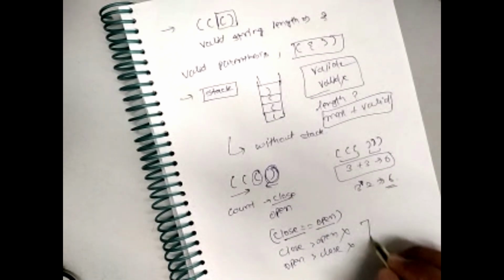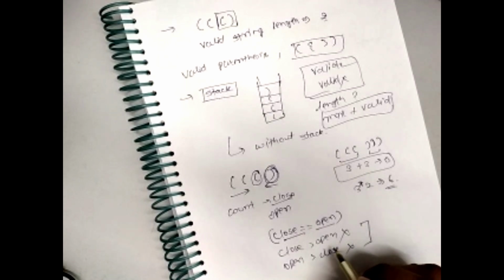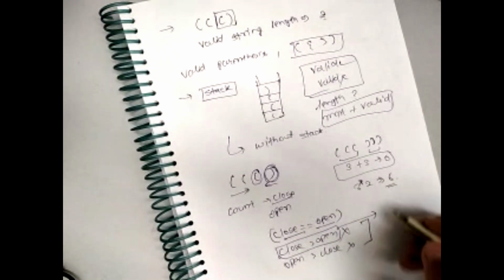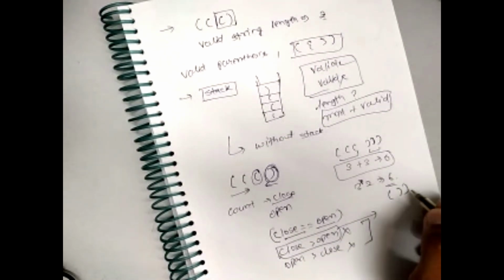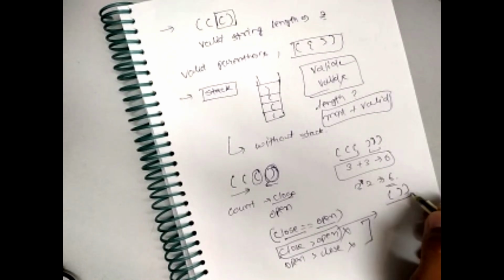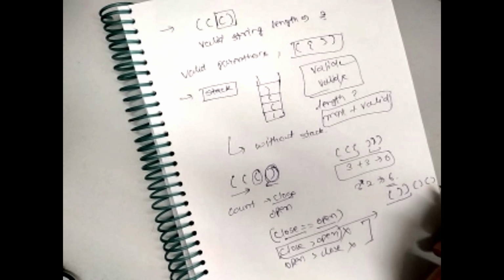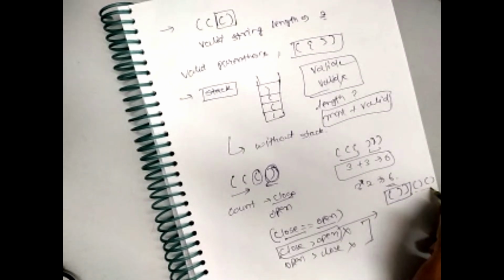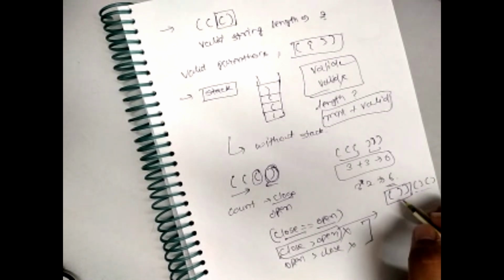But one condition that comes in this case is if the close brackets are more than the open brackets. You can see that whatever is before this point can never be counted in the upcoming strings to contribute to our answer.